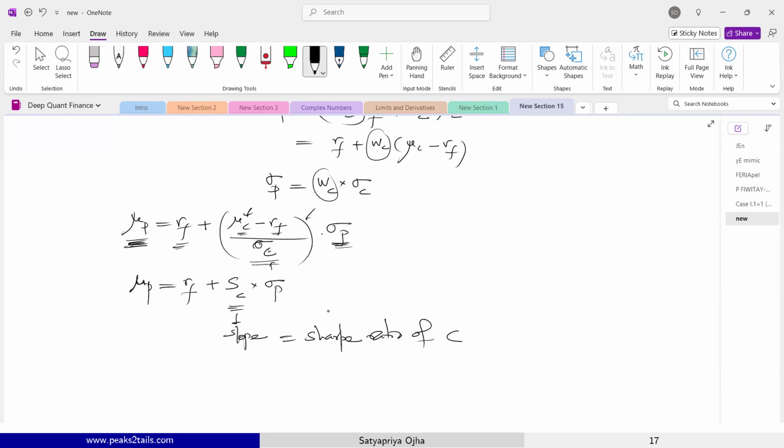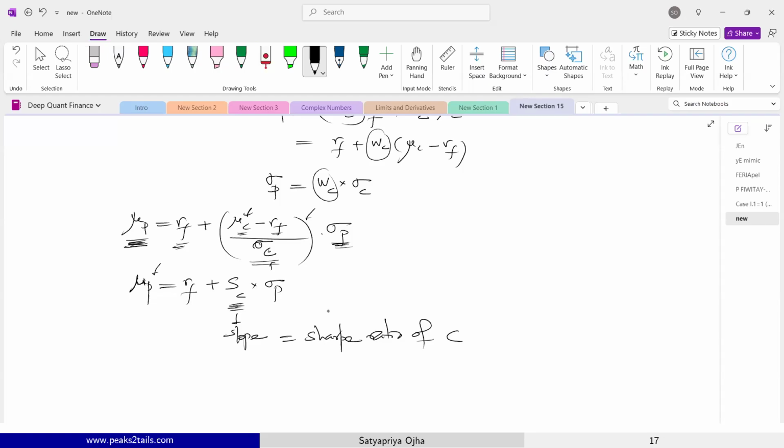So which C gives you the most bang for your buck, or the most efficient increase in your return for each additional unit of risk that you take? Which portfolio C gives you the highest increase in return?